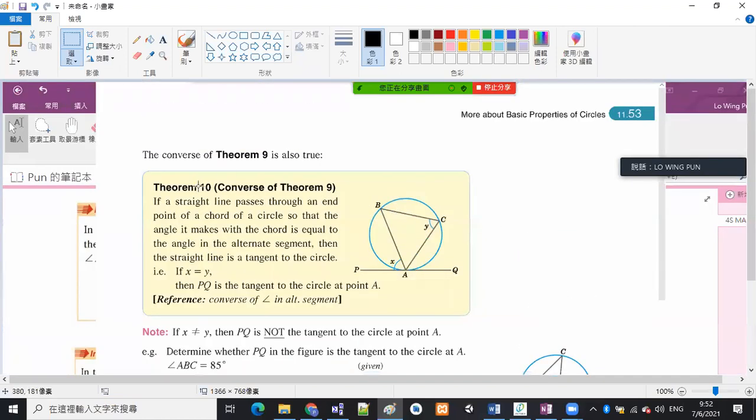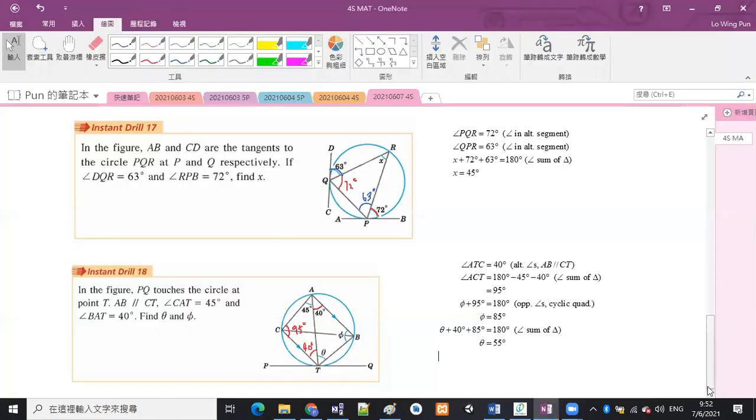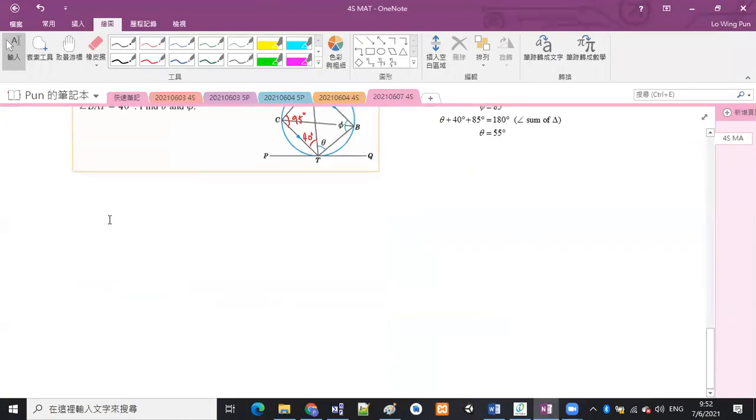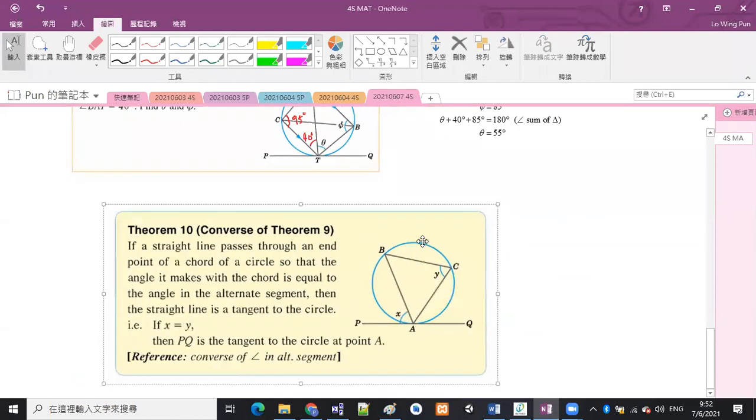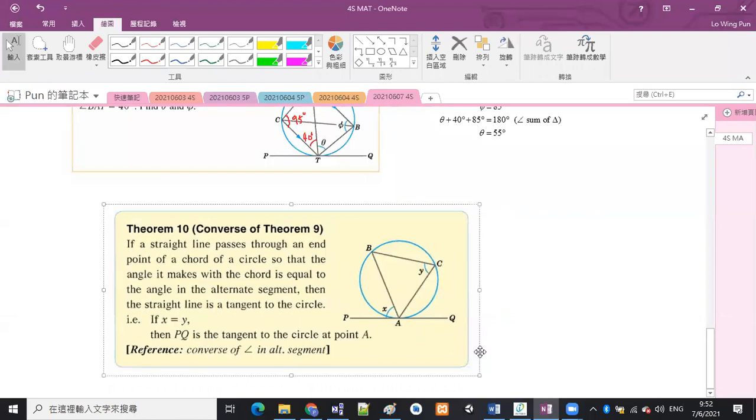The converse of angle in alternate segment is for you to prove that a straight line is a tangent to the circle. Okay, and if we have a circle and a line PQ, at the beginning we do not know whether PQ is a tangent or not.